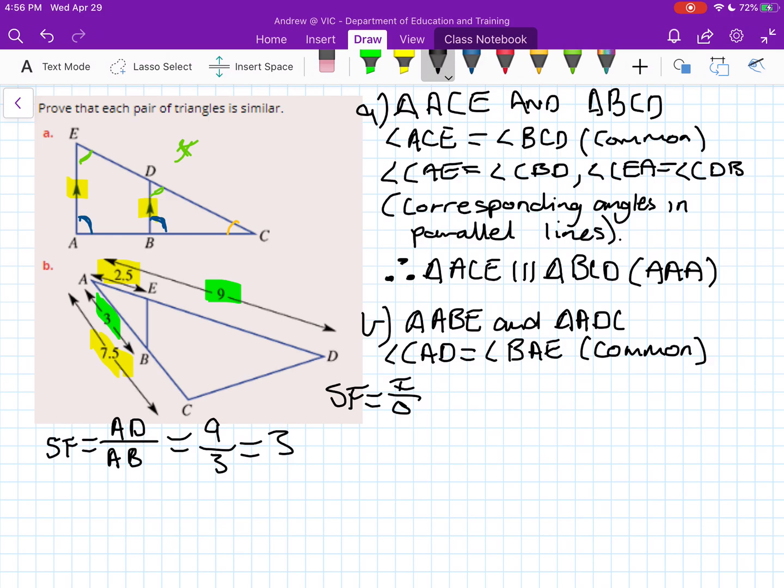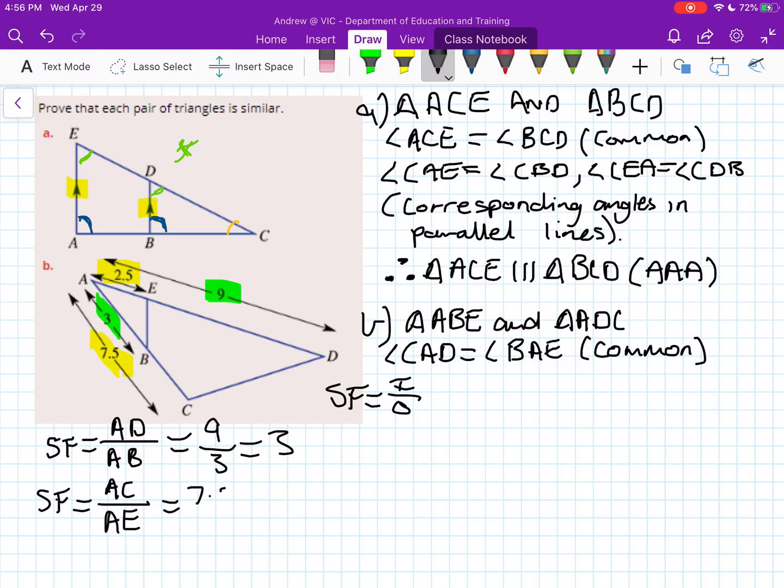Alright, now we need to check another scale factor. So we need to do a different one this time and see if it also equals 3. So we're going to look at our second longest sides, 7.5 and 2.5. Make sure you write them in the same order. We did our big triangle first, so this is AC, over AE of our smaller triangle.